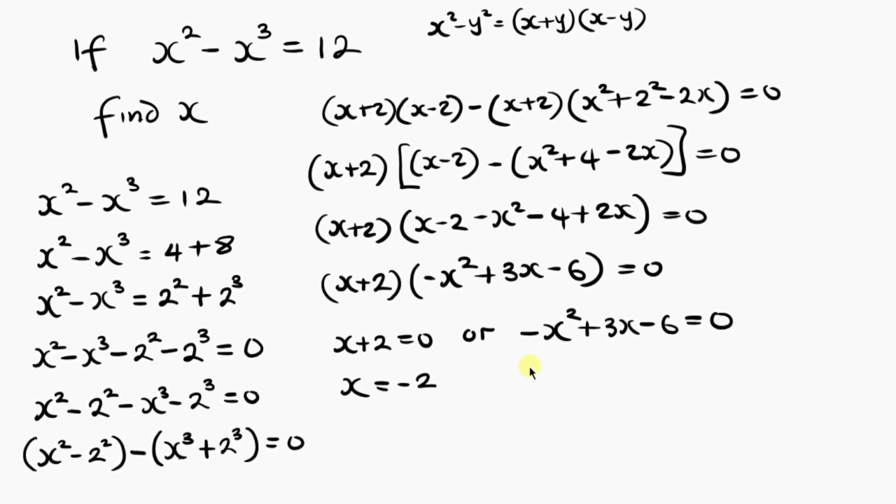That means I'm going to be choosing a. What is my a here? A is negative 1 because that's the coefficient we have here. Negative 1, and b is equal to 3, positive 3. Yes, then c is equal to negative 6. So this is what we use to solve.